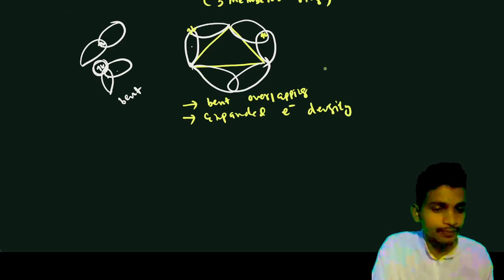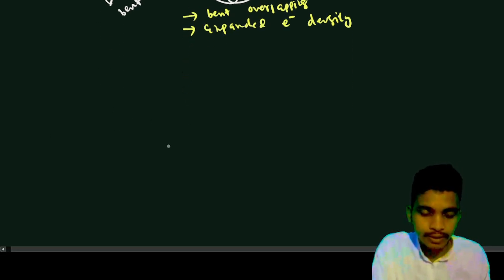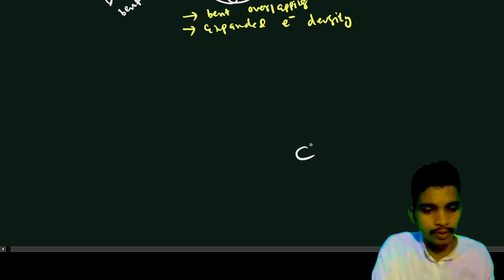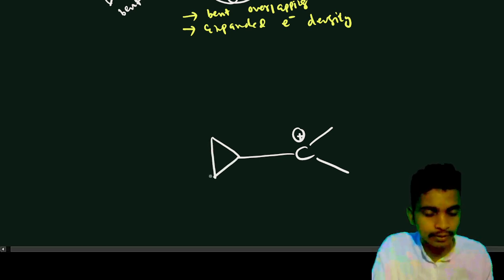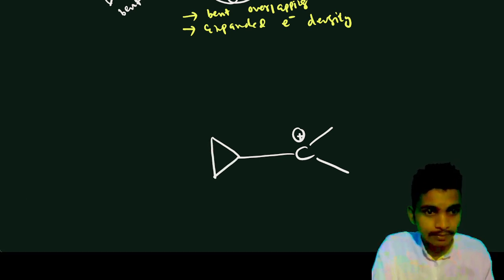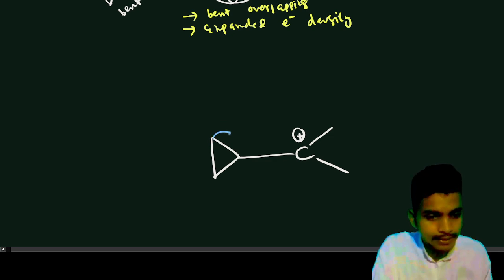Now, let's say here you have a carbocation, with some group here, and this is the carbocation. And let's say here we have this cyclopropane ring. It means that it has these bent orbitals.